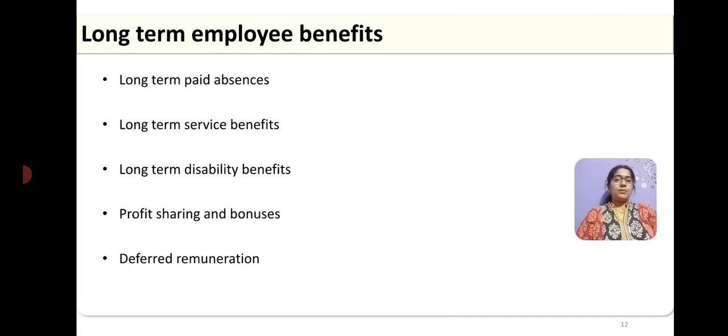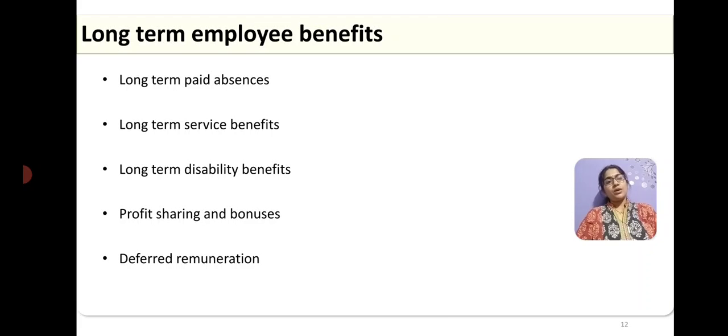Then long-term employee benefits. If it is a long-term paid absence for more than 1 year, where the company is paying the employee and he is not working but still the salary is being paid, then it is called long-term paid absences. Long-term service benefits, long-term disability benefits.